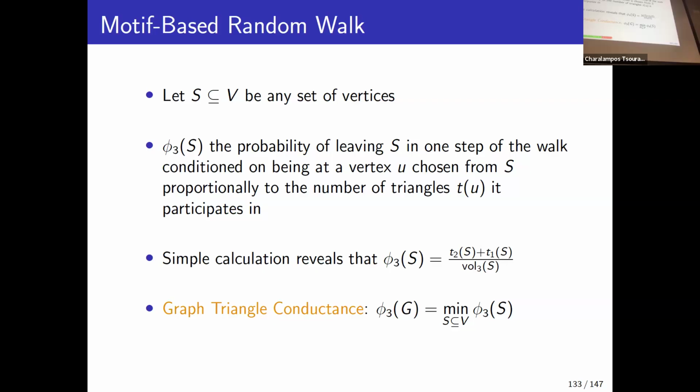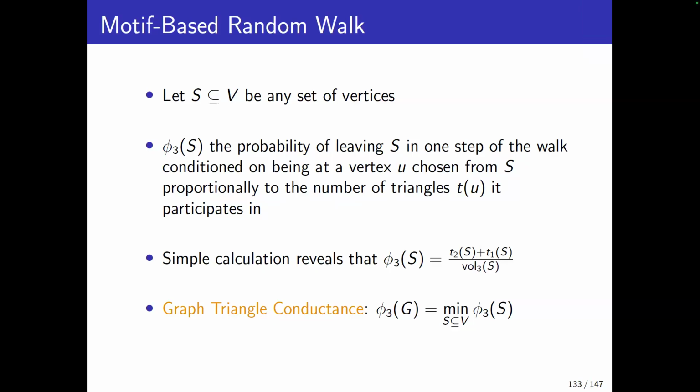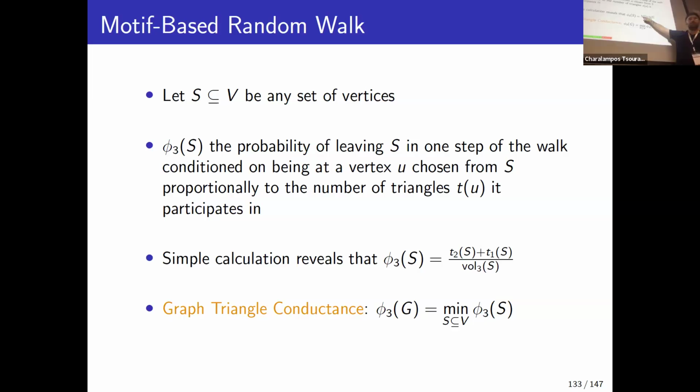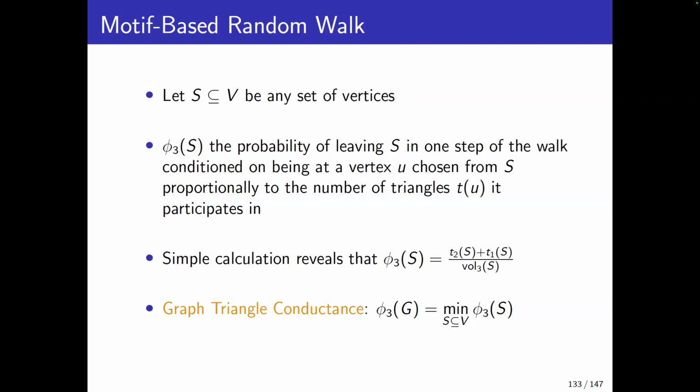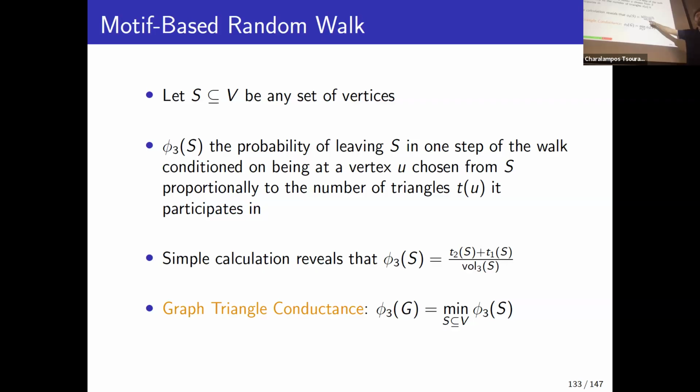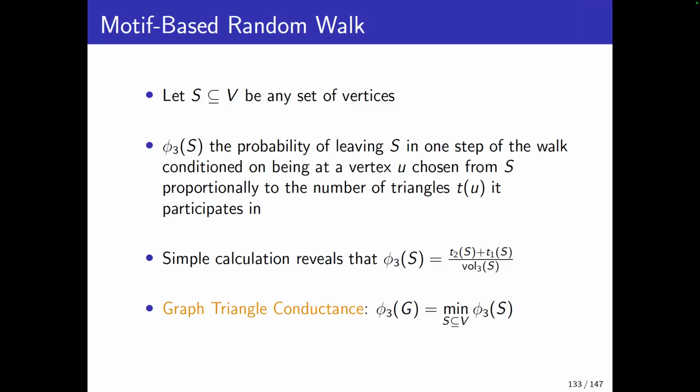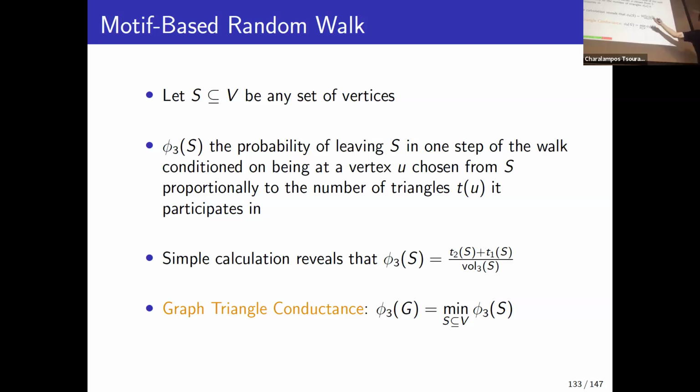Then I can actually do a calculation to compute this probability, and it turns out to be the number of type 2 triangles plus the number of type 1 triangles divided by the volume of S, subscripted by 3, which means I sum over all nodes in S the number of triangles each node participates in. All this stuff required triangle counts.